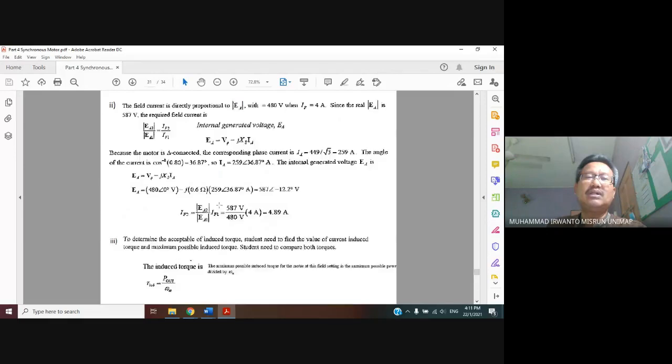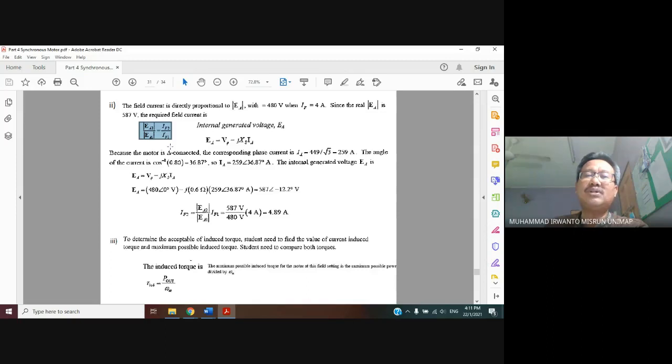Now for this case, same as before, please use the same comparison. We can write here like this: EA2 over EA1 is equal to the field current in condition 2 divided by IF1, the first condition, which is 480 volt.